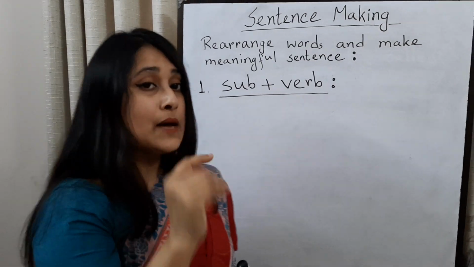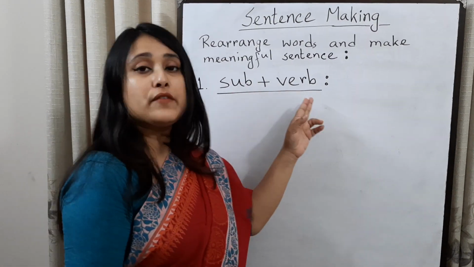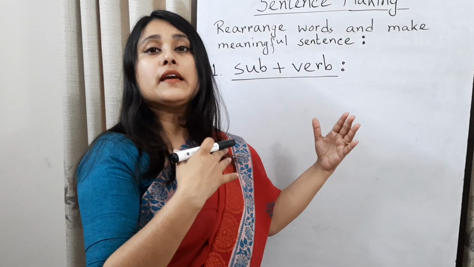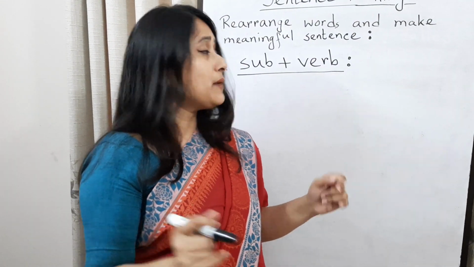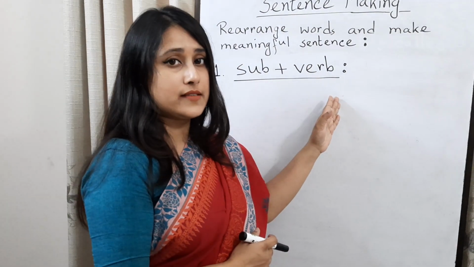I want to tell you that in each sentence, subject and verb are compulsory. There may be an object or not, that doesn't matter, but there must be a subject, then the verb will come next.